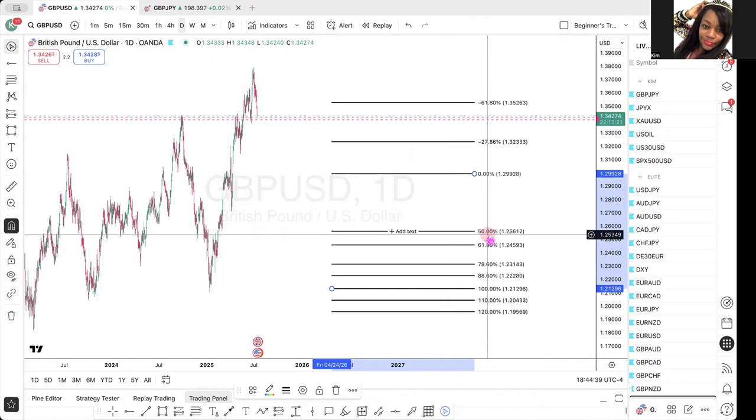How we're going to use this. Basically, and this is why I have been driving market structure. Market structure is the catalyst of all things trading. Market structure is the most important thing next to risk management when trading. Okay.